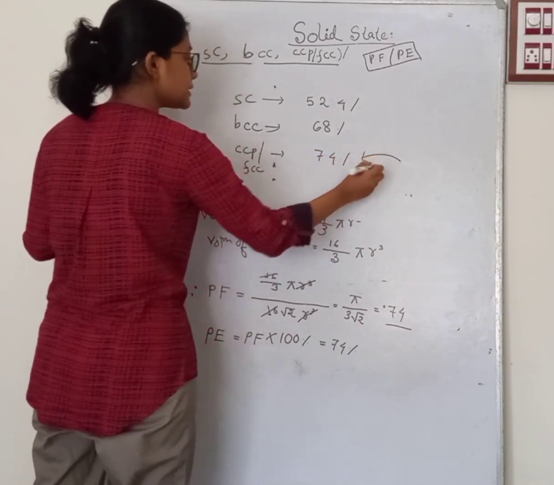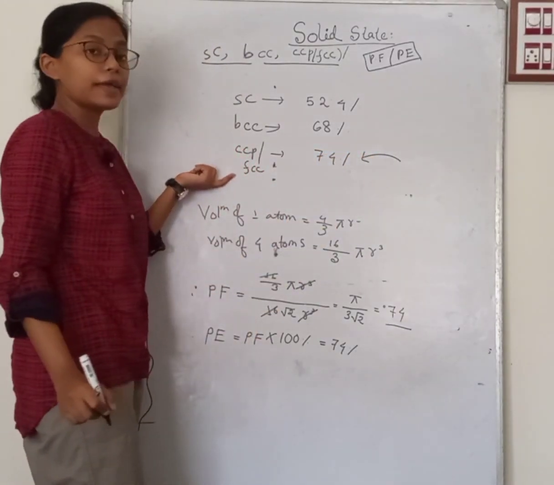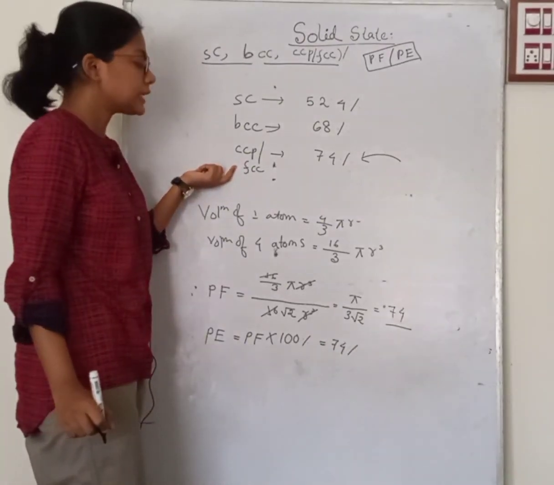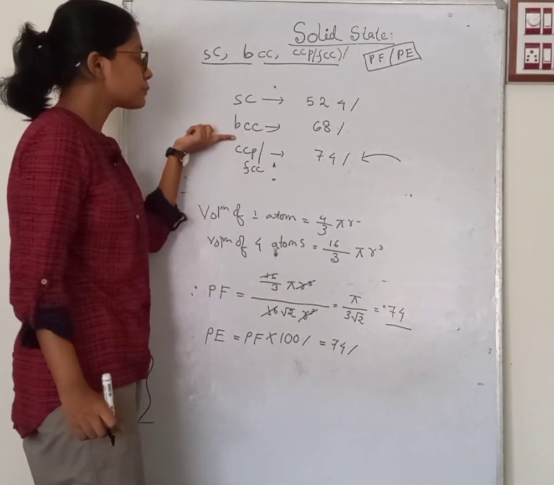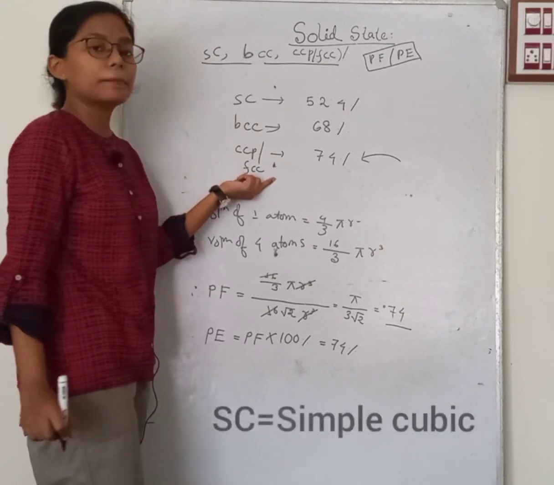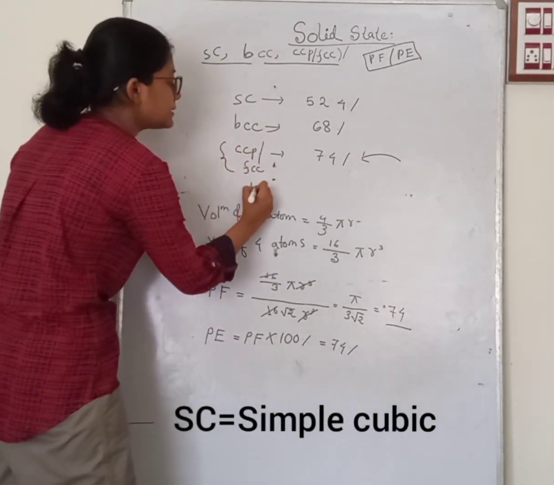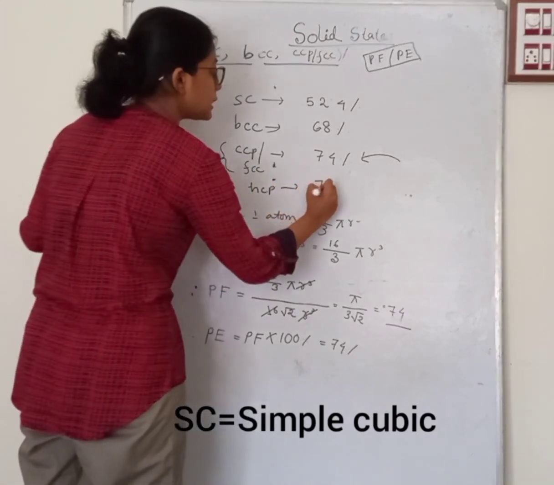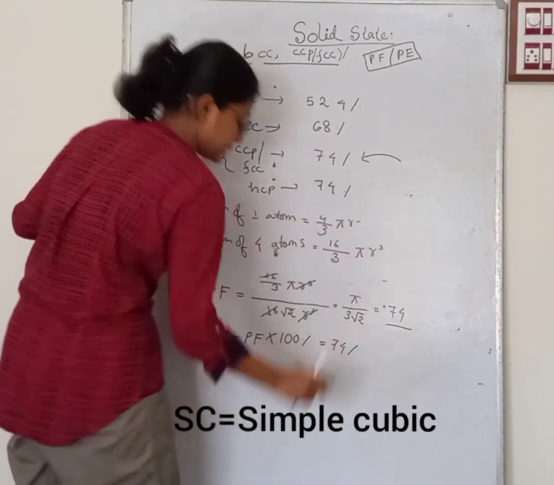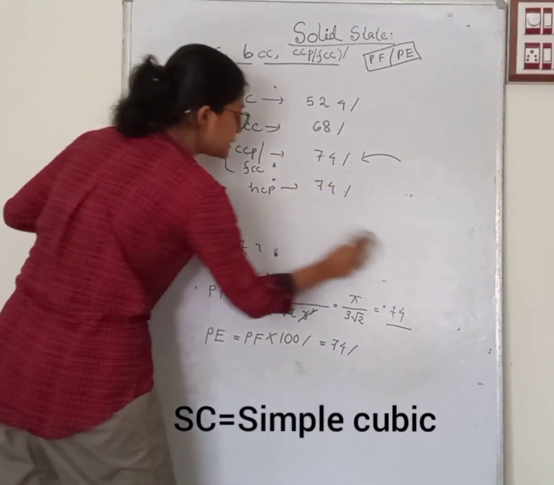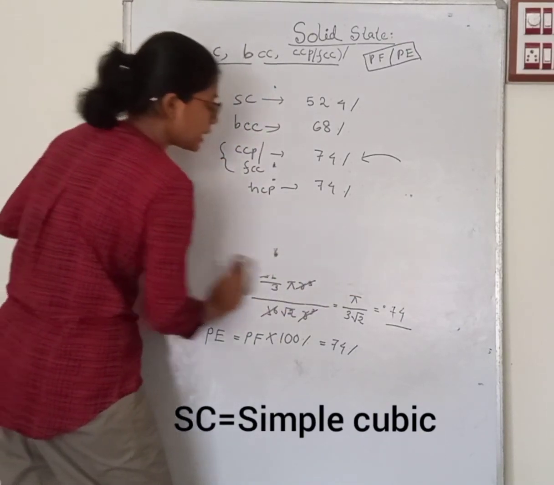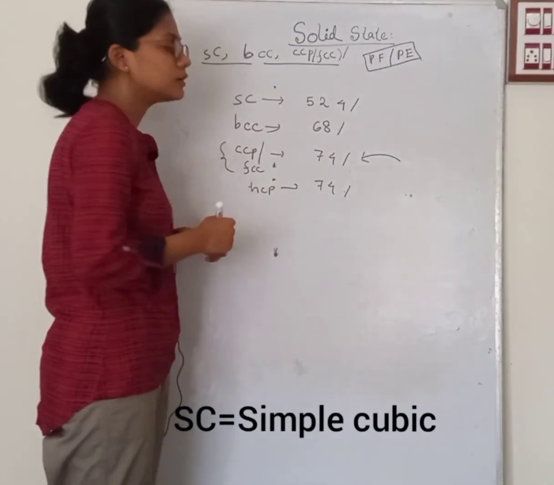So packing efficiency is highest in the case of FCC or CCP. Therefore it is the most packed structure. And for HCP it will also be 74%. So both CCP and HCP are equally packed.